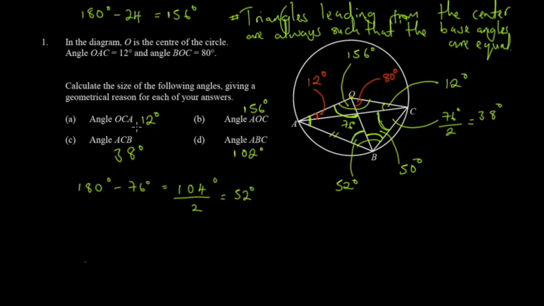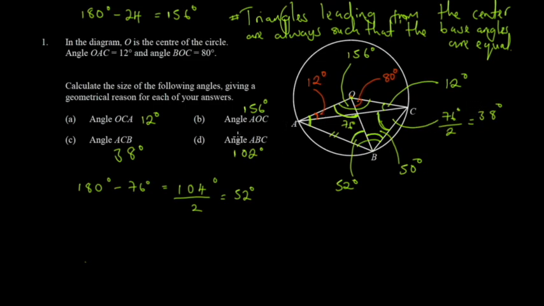Here you had 12, here you had 38, because this one wasn't really contended. We say that the angle subtended at the circumference is twice the angle subtended at the center. And for angles formed from the same chord, the angle at the center is twice the angle at the circumference.